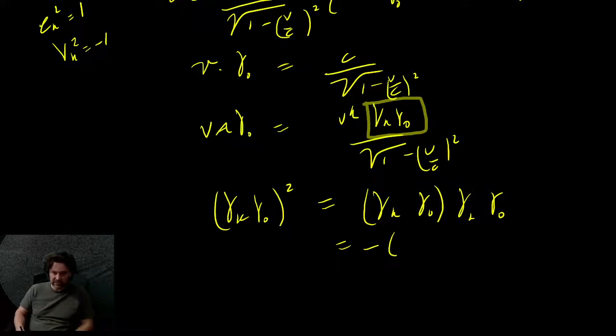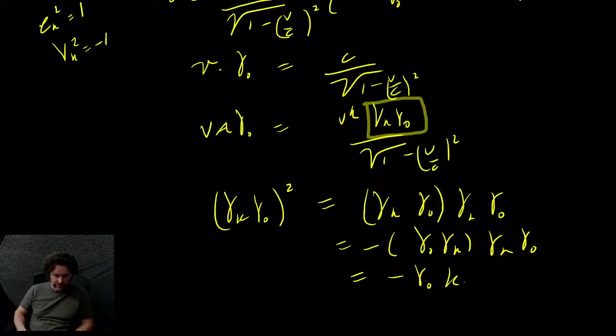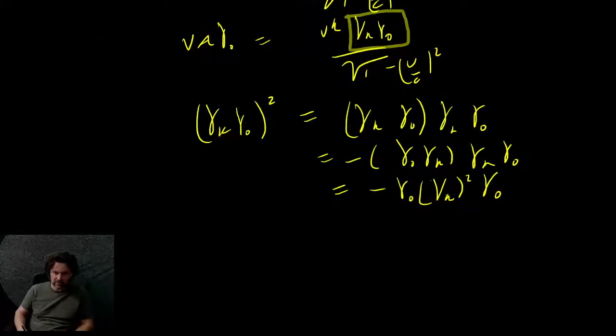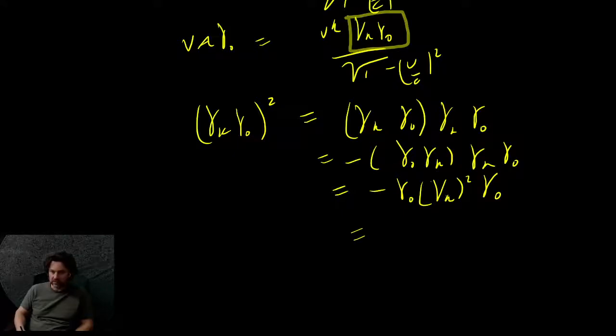So that is minus gamma_0 gamma_k times gamma_k gamma_0, which is minus gamma_0 gamma_k squared gamma_0, which is minus gamma_0 squared times gamma_k squared, which is minus 1 times minus 1, which is just 1.